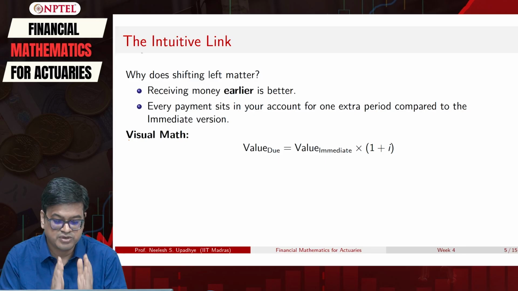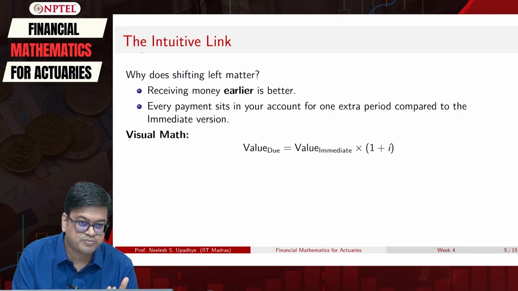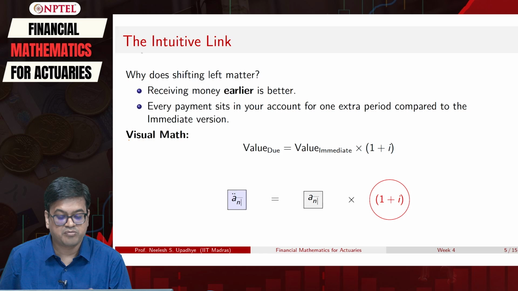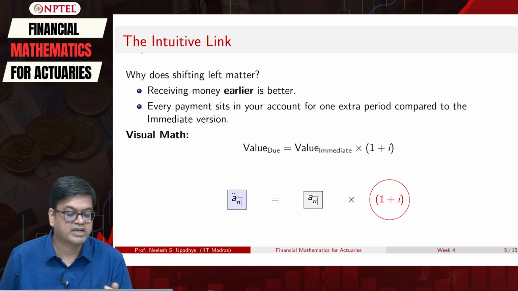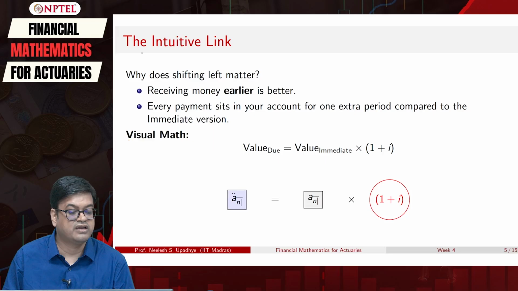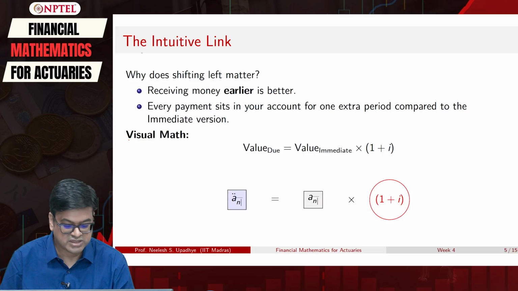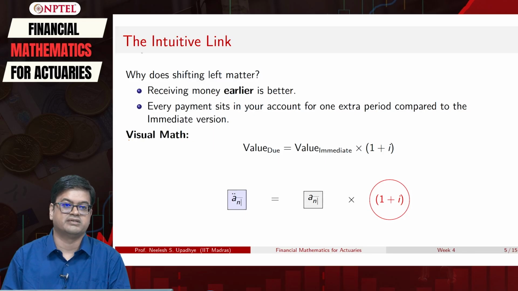So value immediate multiplied by 1 plus i will give me value due. How will this translate to the formulas that we have derived? We already have a formula for annuity immediate. If I multiply that formula with 1 plus i, I get the formula for annuity due. Great. There is nothing much, it is just that the multiplication by 1 plus i matters.